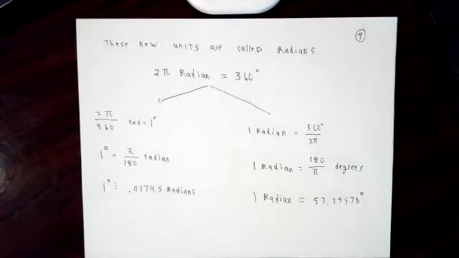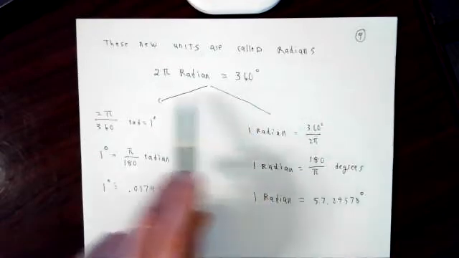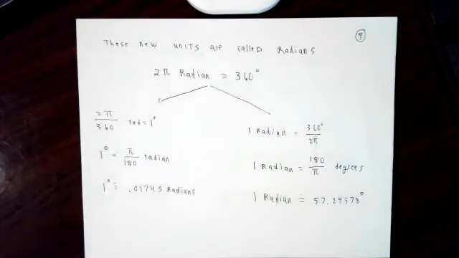The name given to these new units is radian measure, R-A-D-I-A-N. There's 360 degrees in a full circle, and we're going to rig it so that there's 2 pi radians in that same circle. If you were to take this fact and divide both sides by 360, you would find out that 1 degree is the same as 360th of 2 pi.